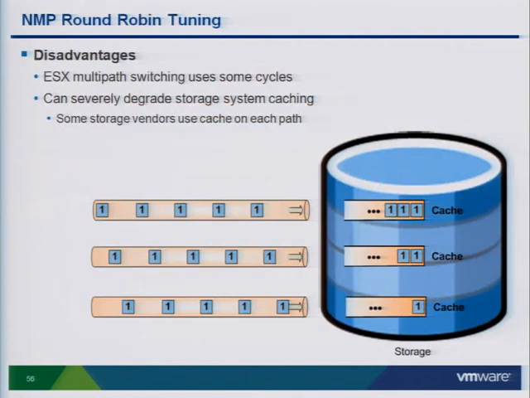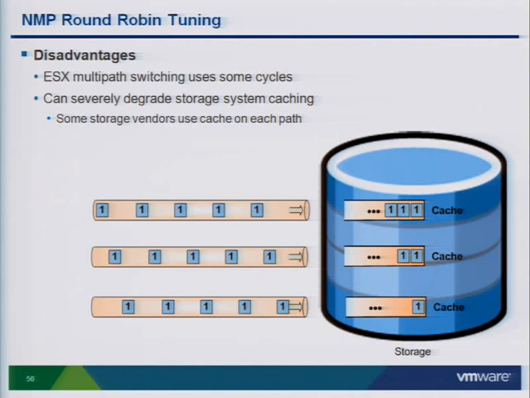There are a couple of disadvantages to round-robin tuning. It does consume a few more cycles. Every path switch consumes some CPU cycles on your ESX host. Compared to the speed up you'll see in the throughput, the amount of CPU that's used is not that much.